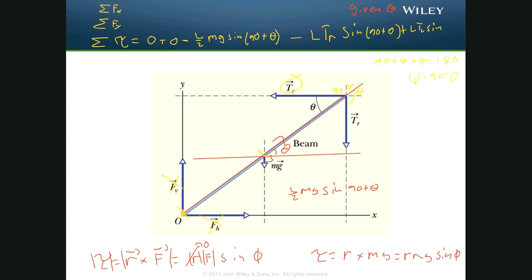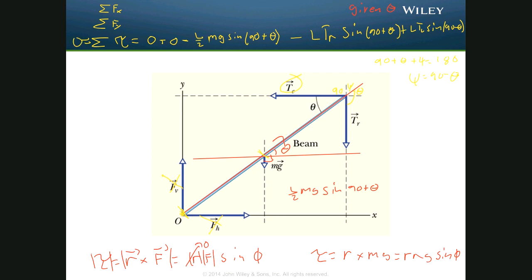All right, so I'm going to write this as 90 minus theta. And again, everything's okay because given theta, we have to have theta here. We can set all of this equal to 0, which I'm going to do here.